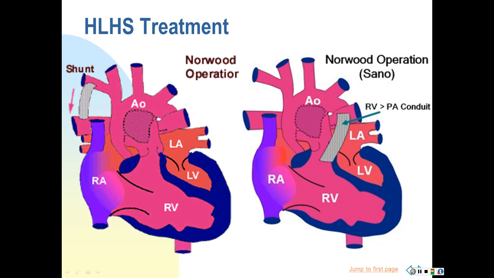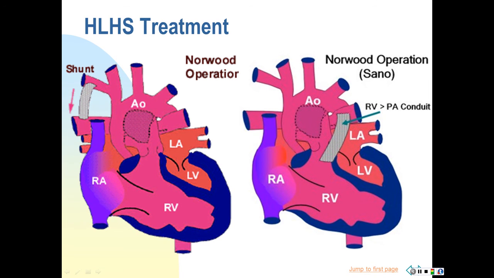Instead of doing a small graft between the subclavian and the pulmonary artery, they're doing a bigger graft between the pulmonary artery and the right ventricle. This one is usually a 2 to 3 centimeter graft. This one is a 4 to 6. Bigger hole, bigger hose. They're not going to clot.